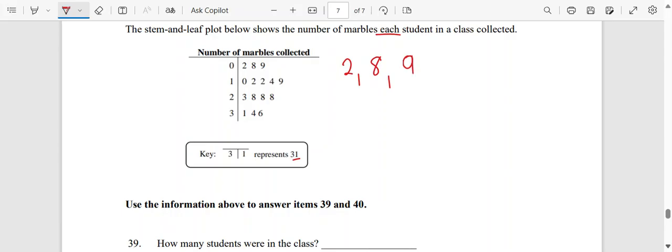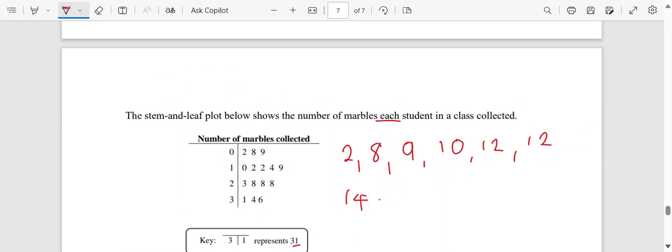Another collected 9. Another collected 1 and 0, which is 10. 1 and 2, which is 12. 1 and 2, 12 again. 1 and 4, 14. 1 and 9, which is 19.